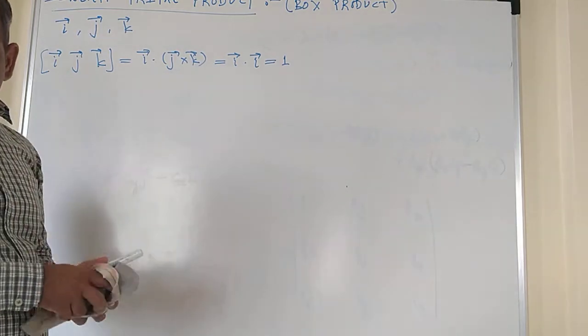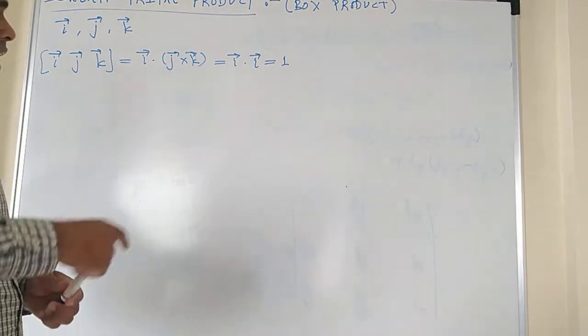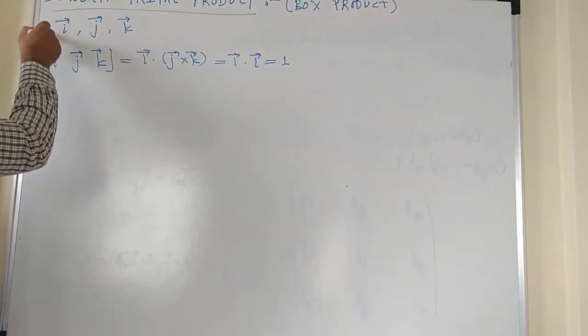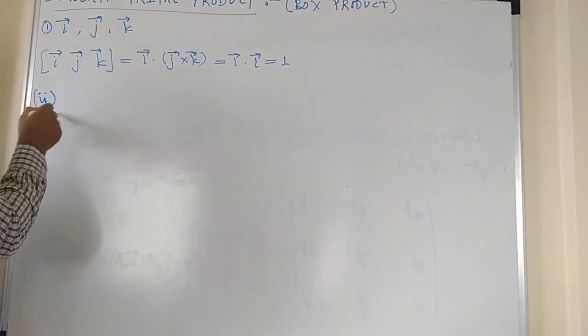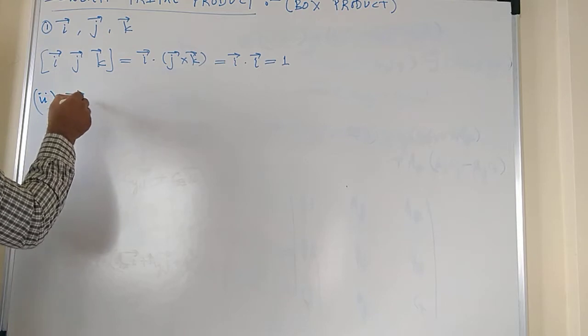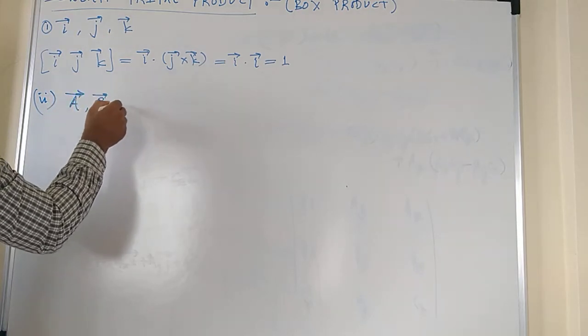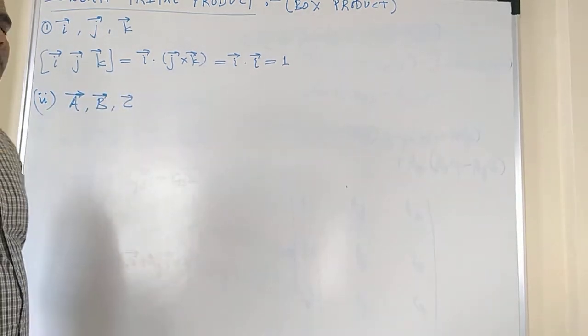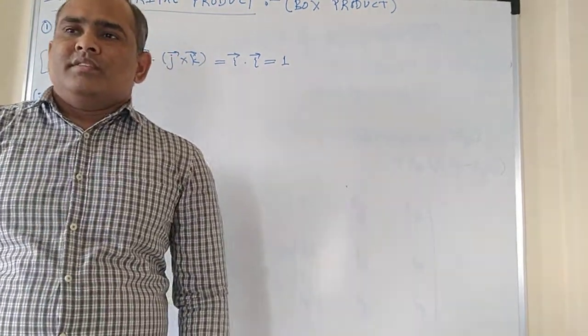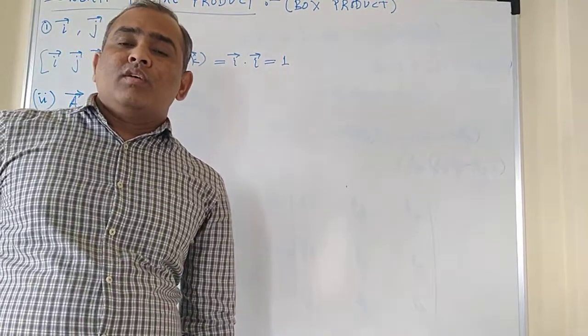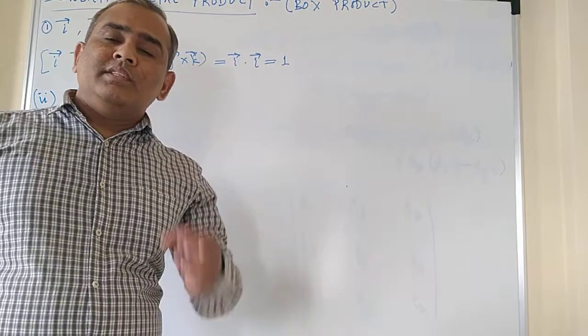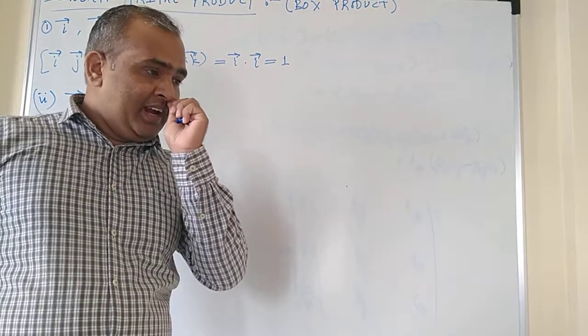And if we consider three vectors which are coplanar, let us consider again three vectors, a bar, b bar and c bar. Now we have studied what is meant by coplanar vectors. Coplanar vectors are the vectors which lie in the same plane or in parallel planes.